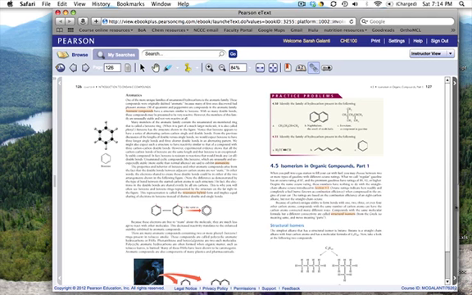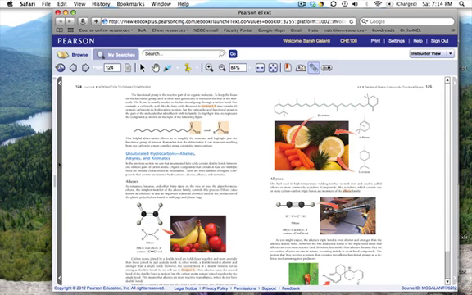At the end of the chapter, 44 to 47, have you practice identifying functional groups. Okay, so make sure that you can identify functional groups. So that's section 4.4.